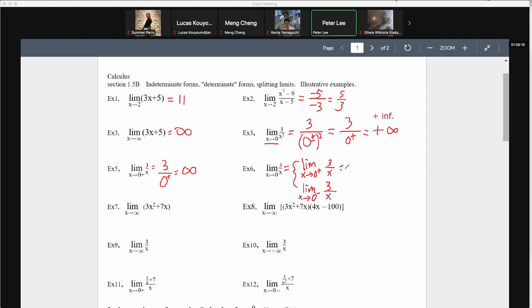Oh, this one is going to be plus infinity, where this guy is going to be minus infinity. Therefore, the original limit does not exist, because the right limit is infinity and the left limit is minus infinity.